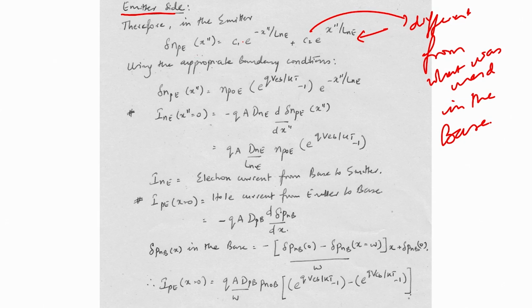So, you have delta NP is going to have this particular form. Okay, you have an exponential of minus x double dash by LNE and plus x double dash by LNE. So, if you use all the boundary conditions, you will find that at x double dash tending to infinite, what happens? As x double dash tends to infinite, this carrier concentration goes to 0, but as x double dash tends to infinite, this term blows up, therefore, we cannot allow C2.